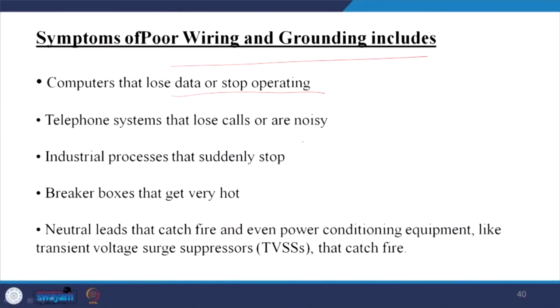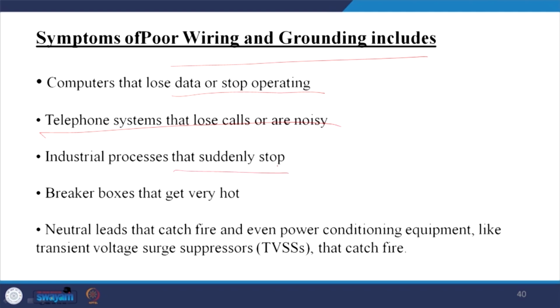If you are not able to take out the heat with your fans, then of course the longevity of your computer will suffer. Telephone systems lose calls or are noisy, which you have noticed several times. Industrial processes suddenly stop.